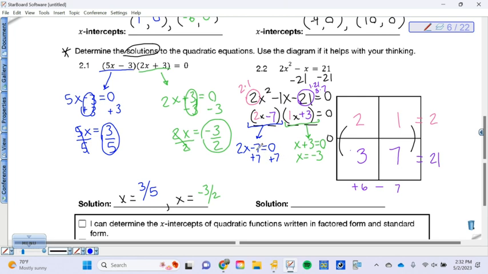So I add 7. So 2x equals 7. And then what do I do? Divide by 2. So x would equal 7 over 2, or x equals negative 3. Right?